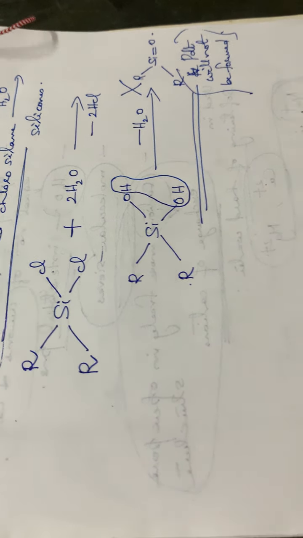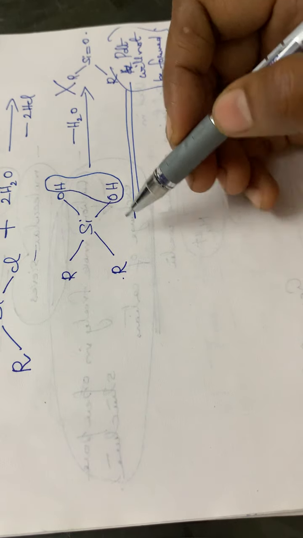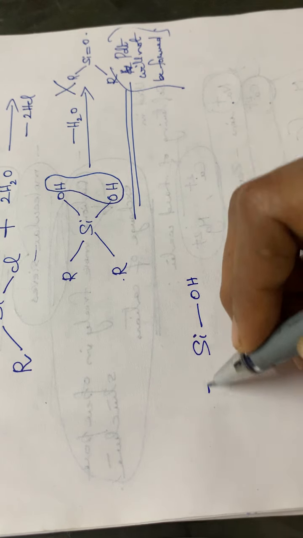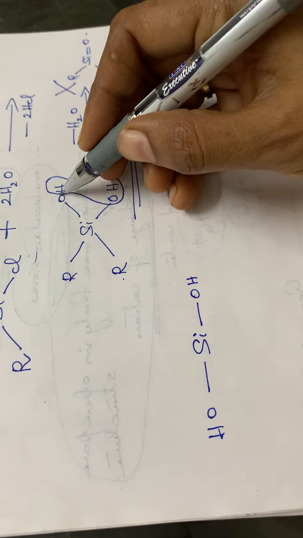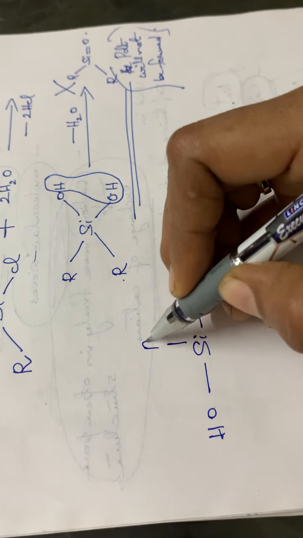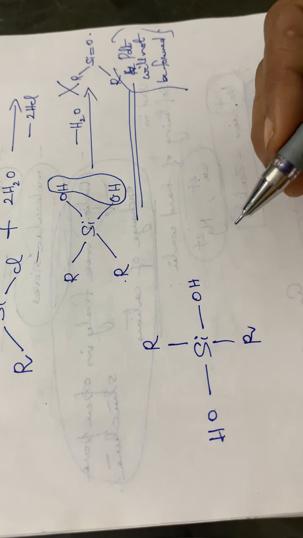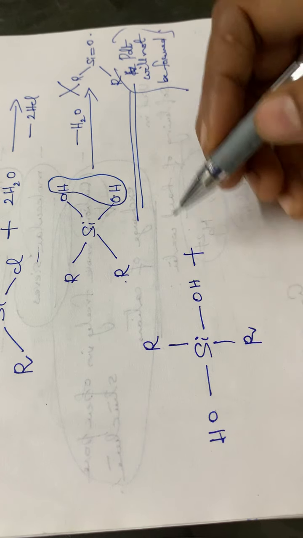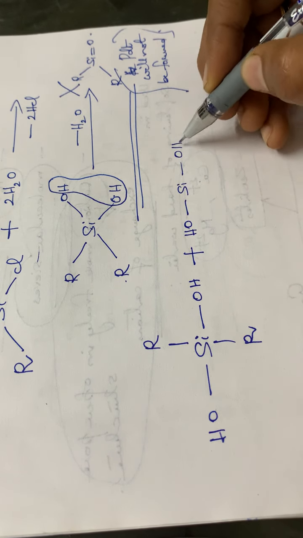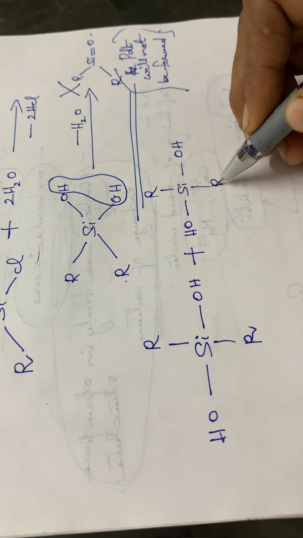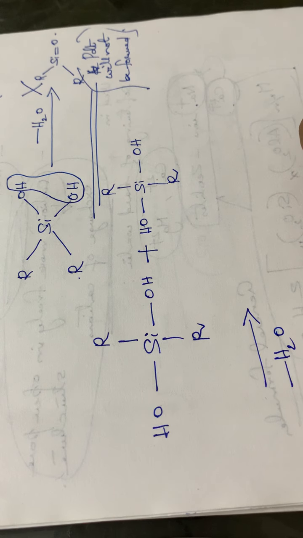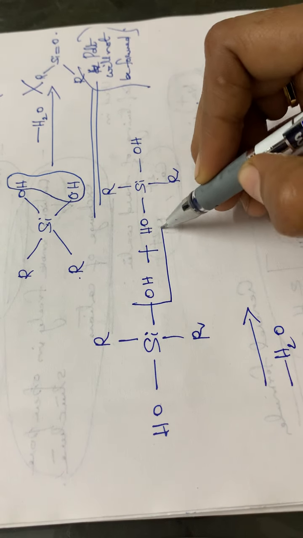Instead, the reaction will be like this. I am writing this molecule as R2Si(OH)2, plus another molecule of this compound, R2Si(OH)2. Then one molecule of water will be removed.